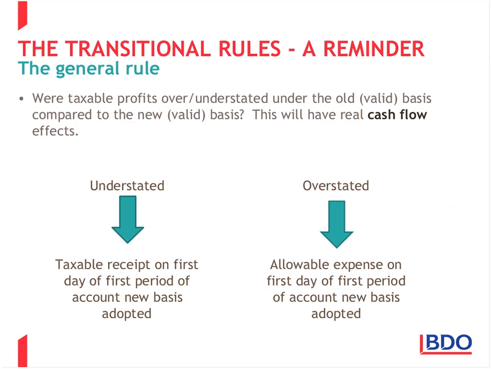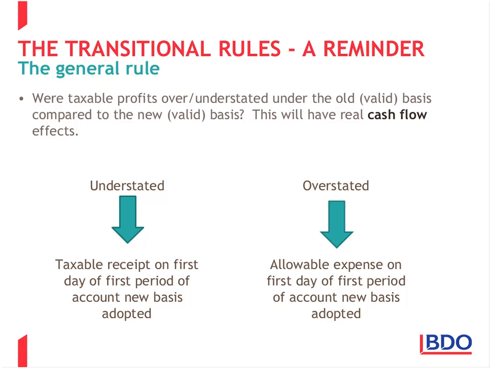The general rule is that where profits were understated under the old basis, any taxable profit that's now brought into account on a change of basis is brought in on the first day of the accounting period in which the new basis is adopted.